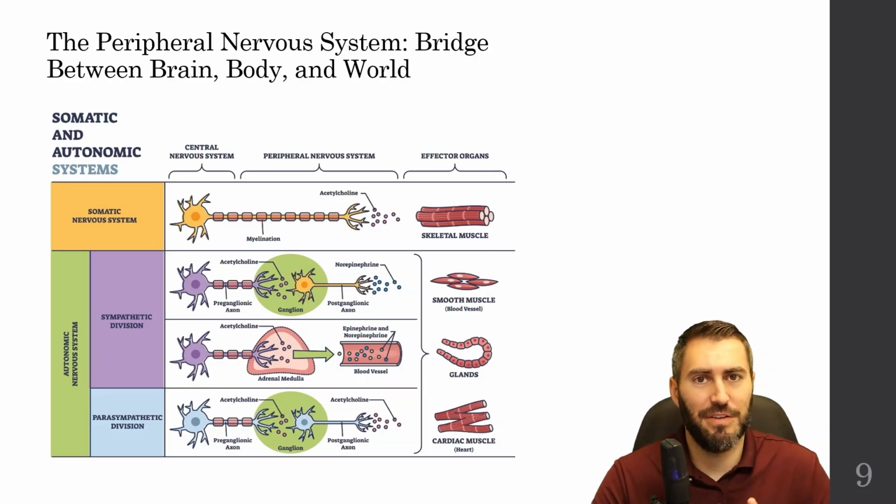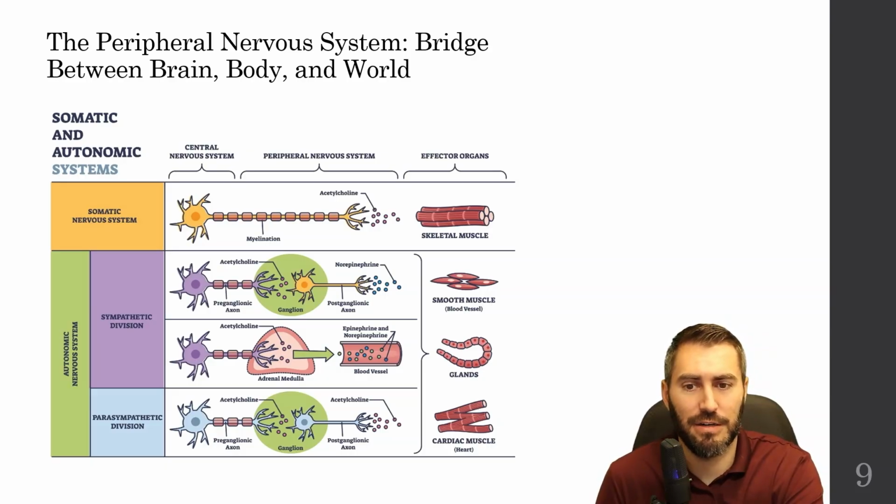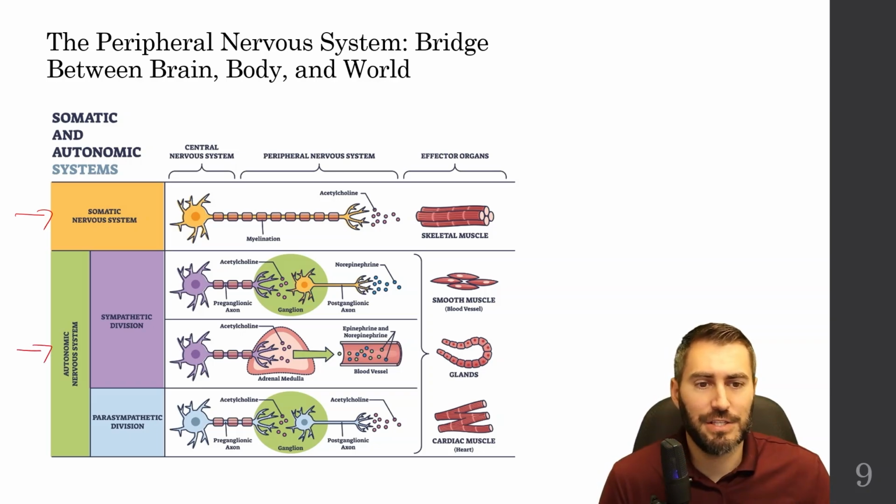First and foremost, the main split is between the somatic nervous system, which we can see here, and the autonomic nervous system. The main distinction between these two is that the somatic nervous system is something that we have a little bit of control over. It has a lot to do with our muscles and things that we have active control over in how we interact with them.